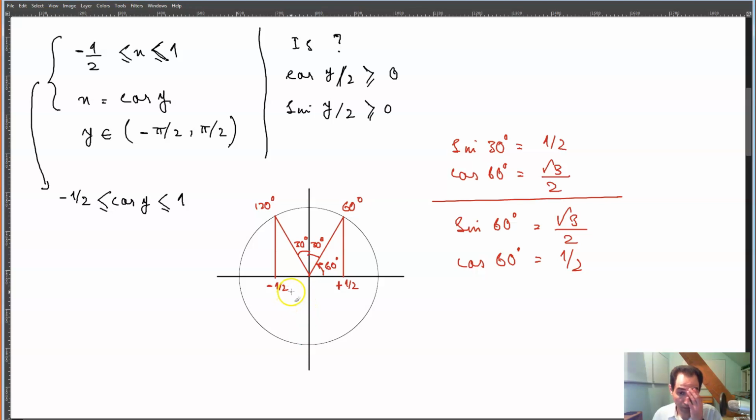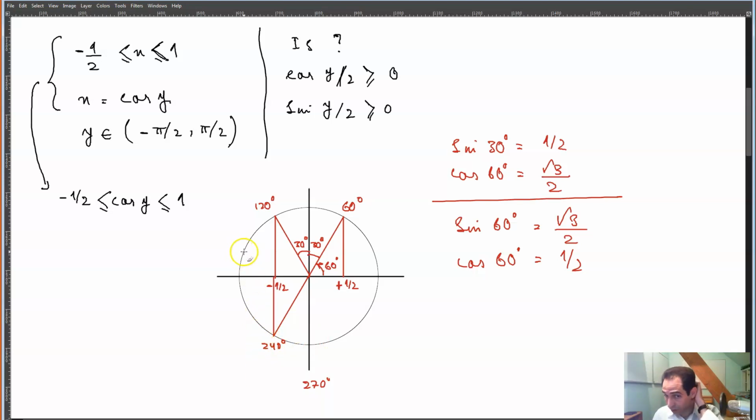And again for negative 1/2, I need an angle that is 30 degrees less than 270 degrees, and the cos of that angle would again be exactly negative 1/2. This is 270 degrees, and this is 30 degrees less than that, which is 240 degrees, right?